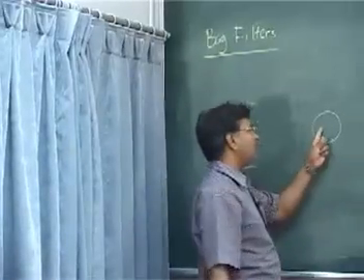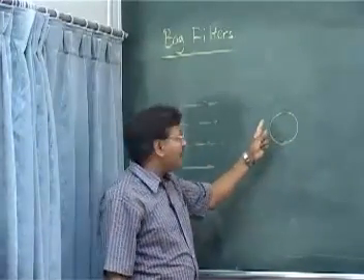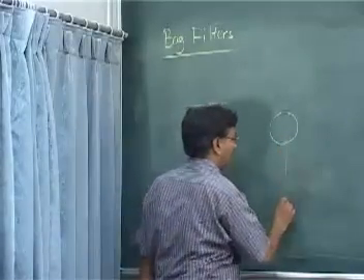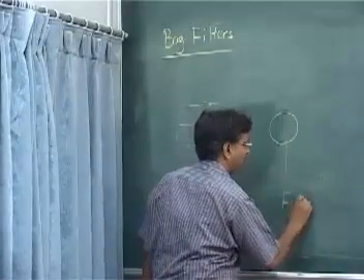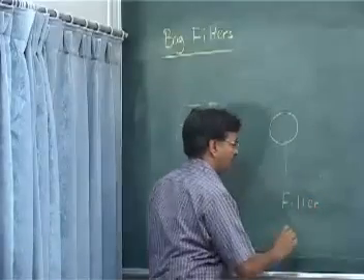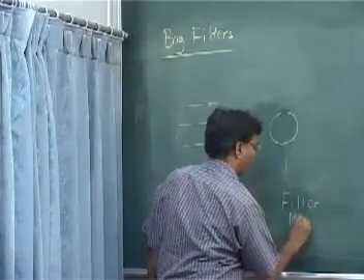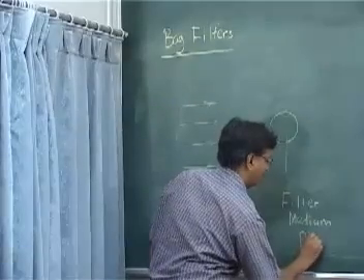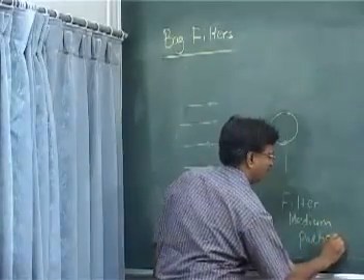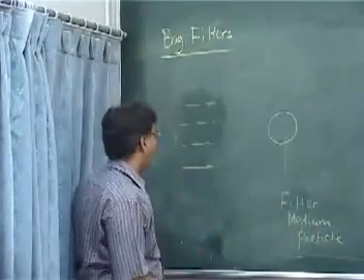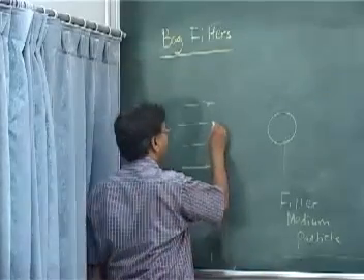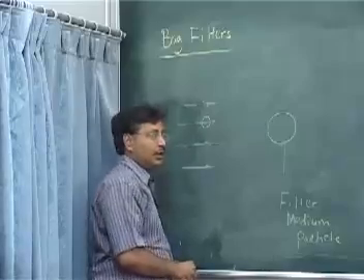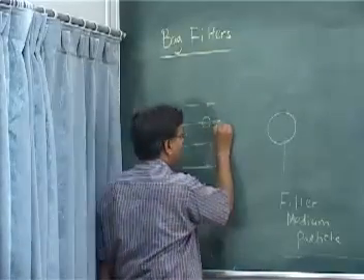See, suppose this is the fabric or my bag filter medium, and one of the particles comes onto it. So what are the mechanisms operating? Suppose the particle is here. Okay, so it travels.